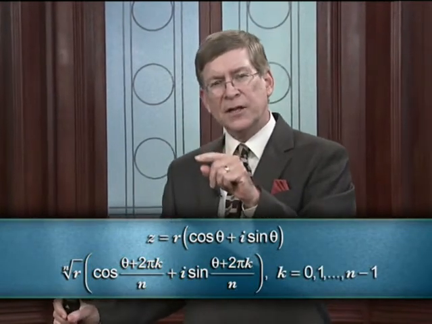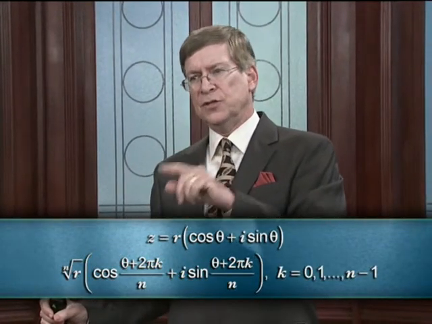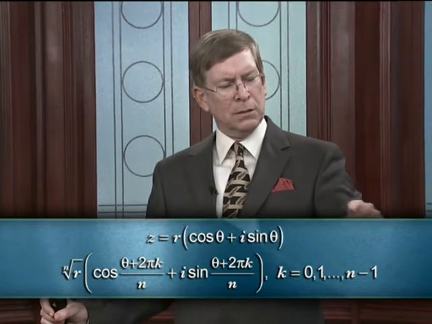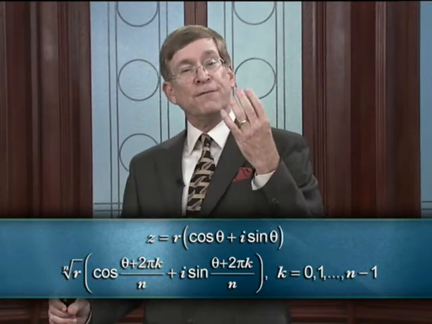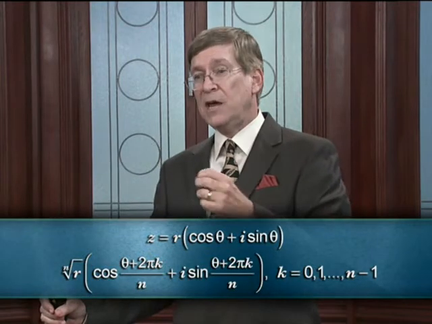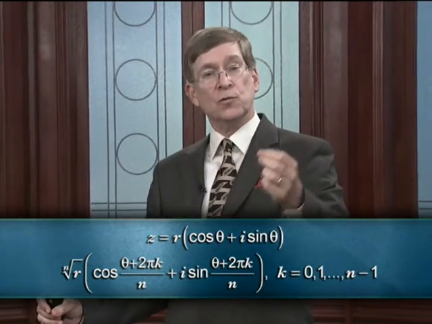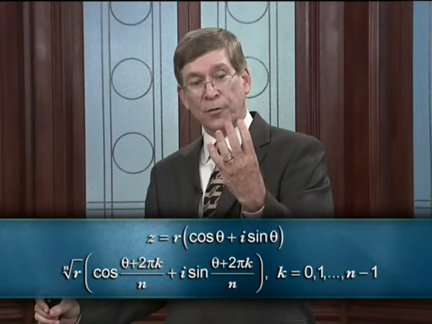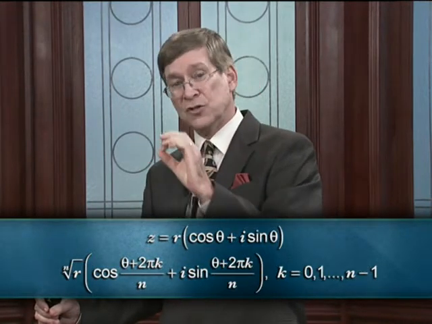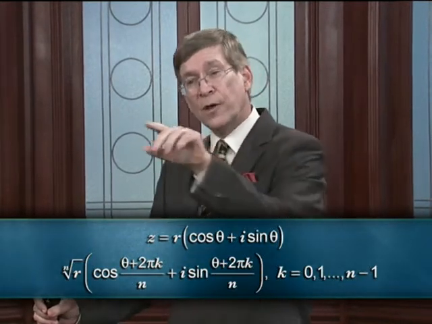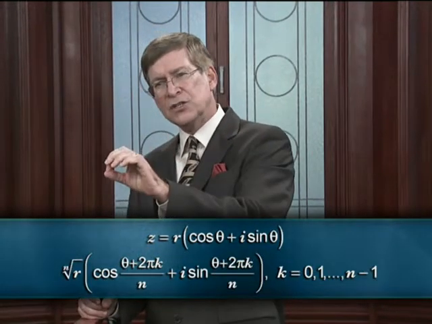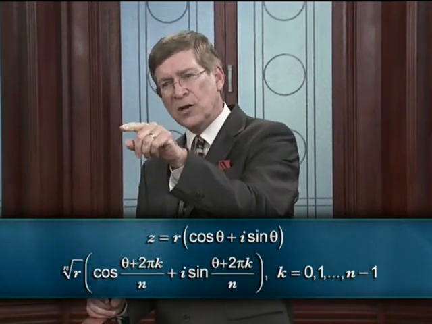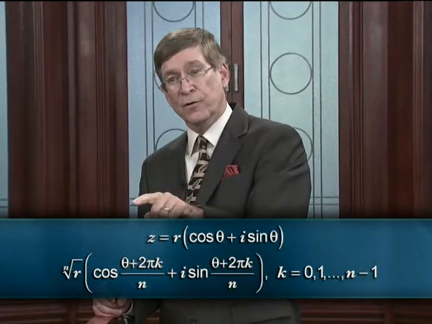k takes on n different values, 0, 1, 2, and so on out to n minus 1. So if you're finding fourth roots, n is 4, so k would be 0, 1, 2, 3. So there are really 4 values in this expression. When k is 0, you get a certain angle, theta plus 0 over n.